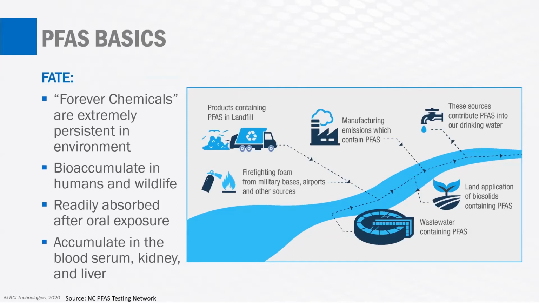And that's why in some scientific arenas it's called forever chemicals. No matter where you send it to, it's there until they find a way of degrading that chemical instead of transferring it from one form to another.